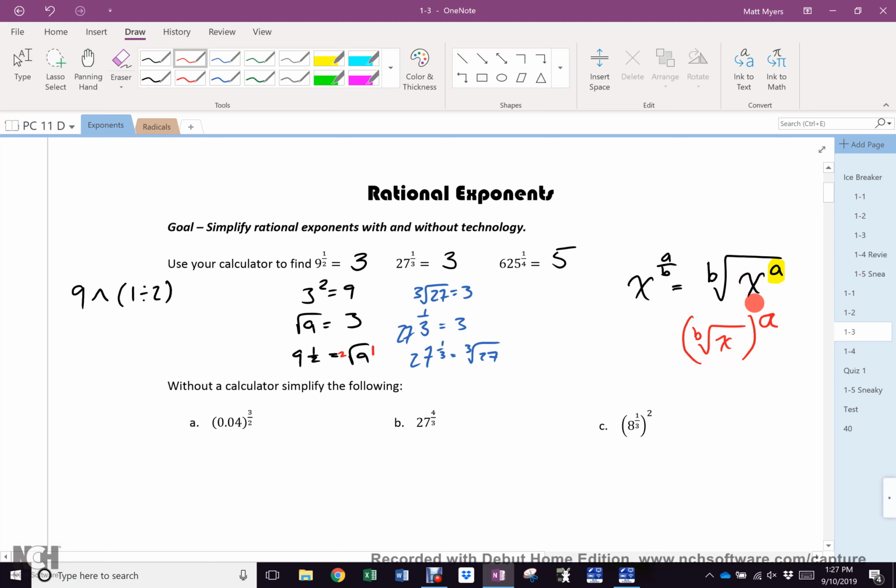All of you at some point should have seen one of these. If you haven't, that's the trick. The denominator becomes the root, the numerator becomes the power, the base becomes the radicand.